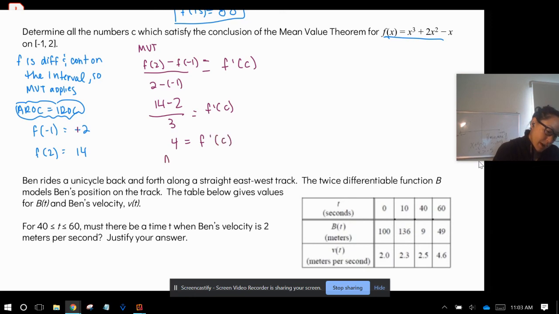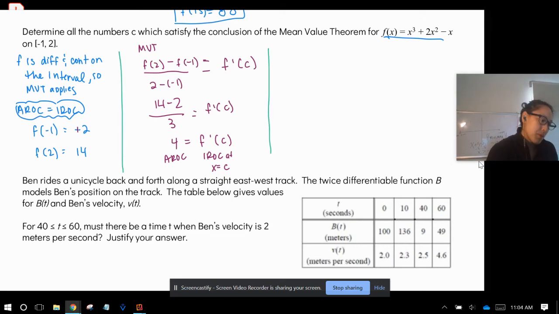Okay, remember this is my average rate of change. And I need to figure out when does the instantaneous rate of change at x equals c, like what x value are we talking about? When is the instantaneous rate of change equal to the average rate of change? So the last part would be to set my f prime of x equal to 4.